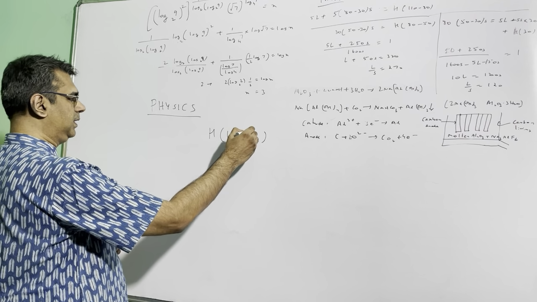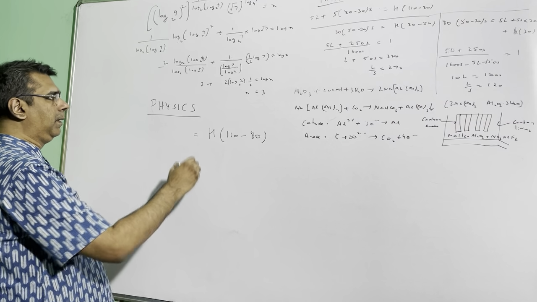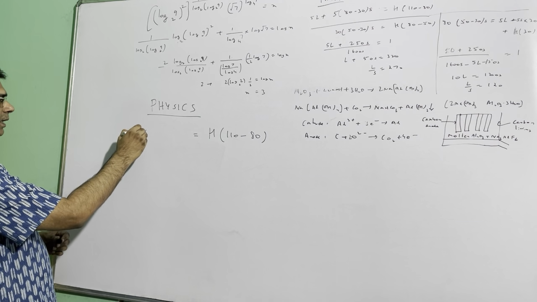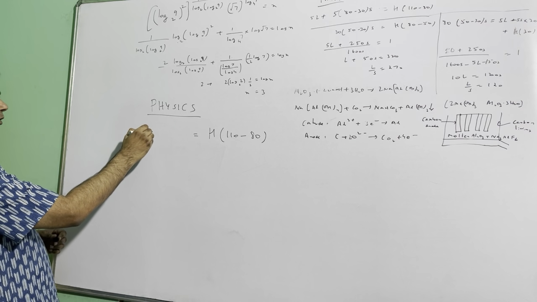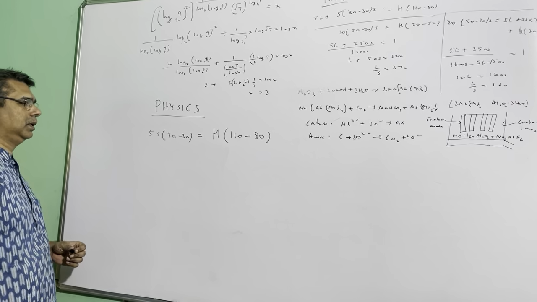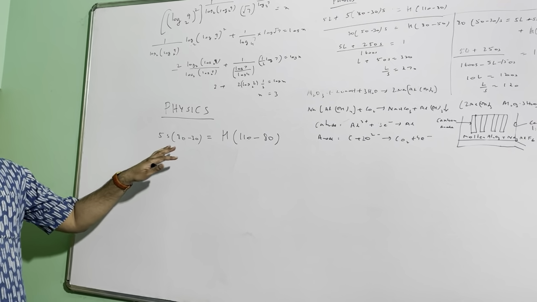So that means 80 is the equilibrium temperature, and as far as the liquid is concerned, when the liquid is dropped, it is 5 grams, and its temperature is 30.